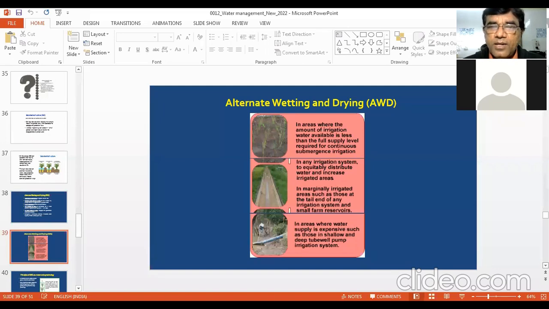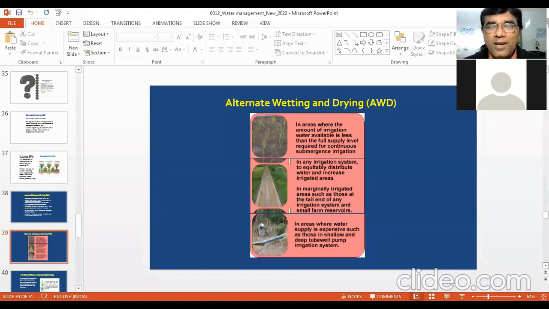crops or other areas. So in marginally irrigated areas, such as those at the tail end of any irrigation system and small farm reservoirs, wherever there is less availability of water. Tail end means a river or canal originates from a place and it ends somewhere on the way.